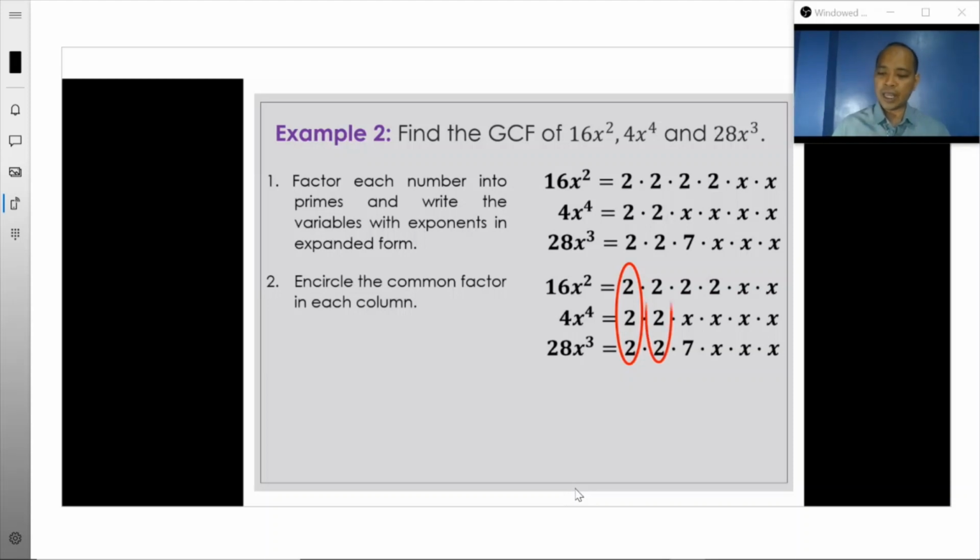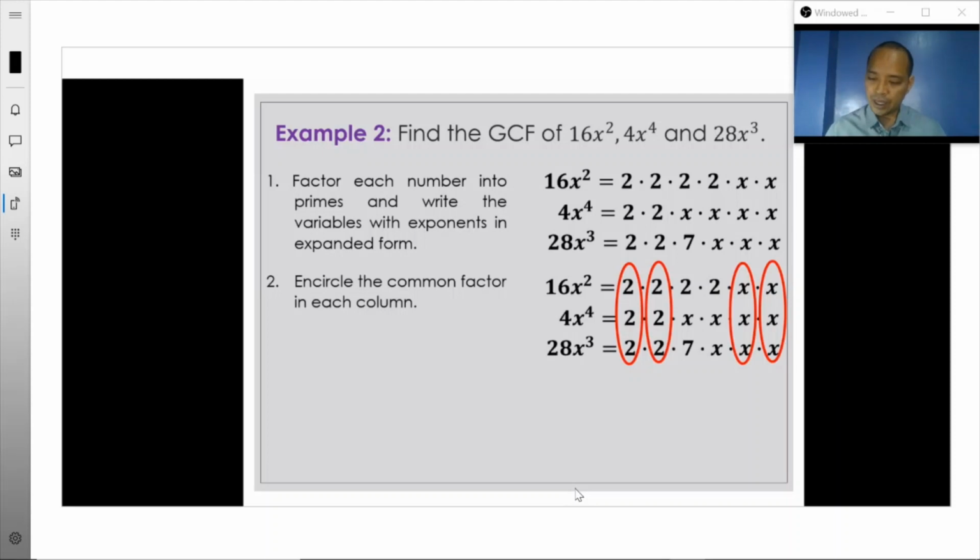In the same way, this factor of 2 is also present in the prime factorization form of the given expressions. So that's also a common factor. This x is also a common factor, as well as this x.